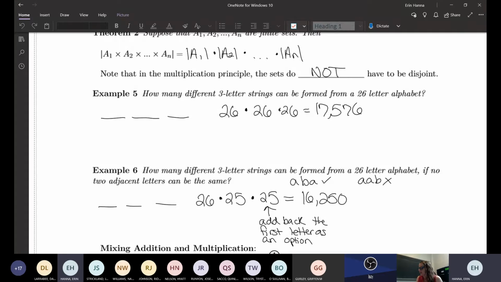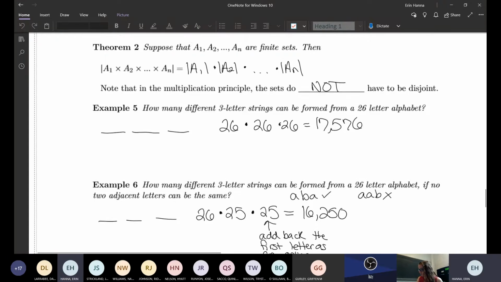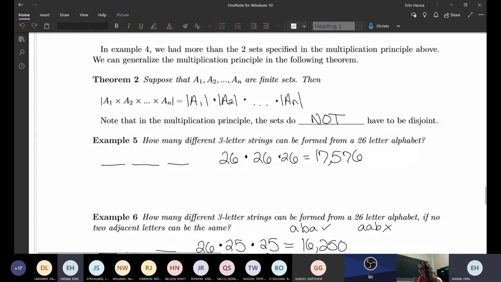So remember, we're going over 4.1. We're pretty much done. We just have one last example. We had two different rules. We had the multiplication principle, which said if we have two or more sets and we want to choose a set of things out of these sets, we can just multiply the cardinalities of the sets together.